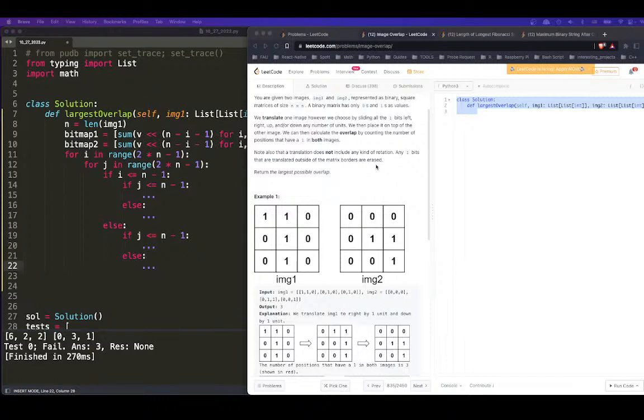So basically the coordinates for this, right? If I is 0, the other one is going to be 3 minus 0 minus 1. So it's n minus I minus 1, right? N minus I minus 1.